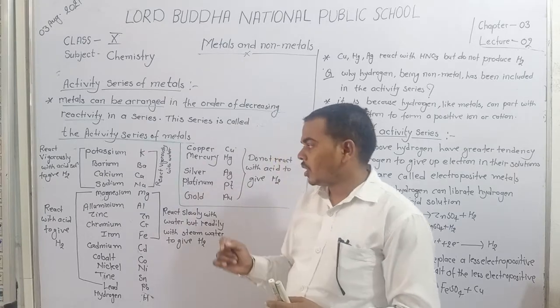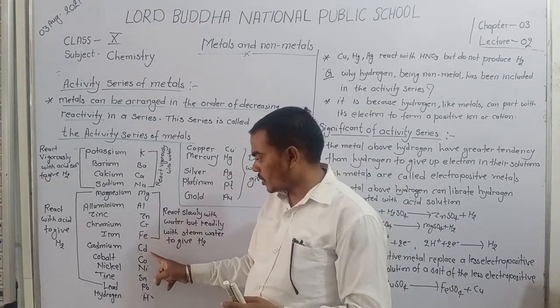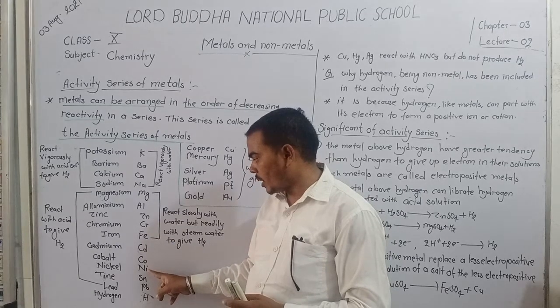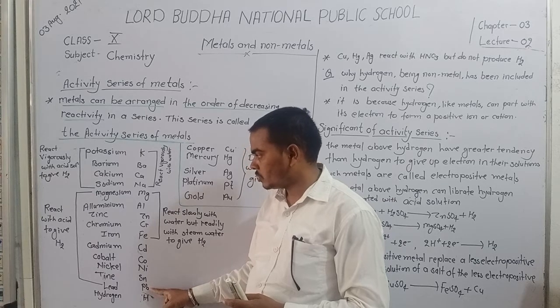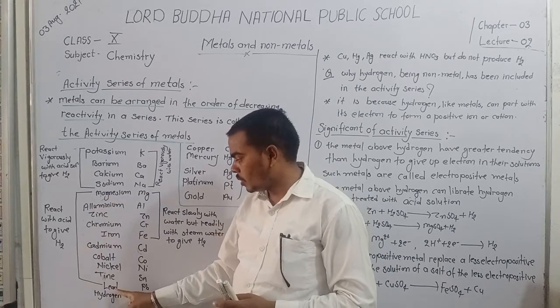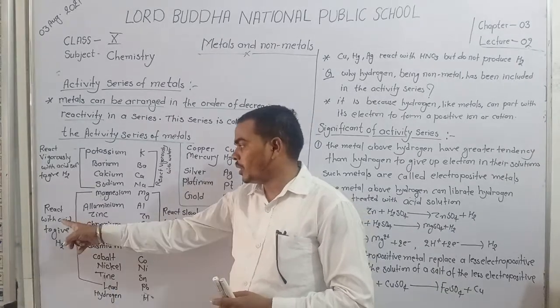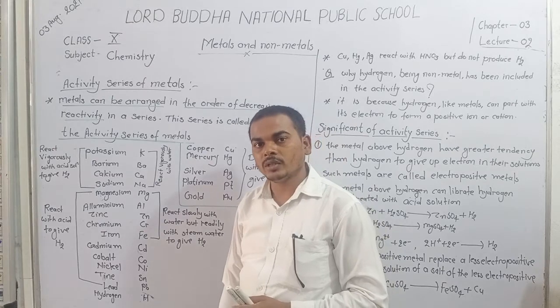Dear student, including these metals, and cadmium, cobalt, nickel, tin and lead, all these metals from magnesium to lead react with acid to give hydrogen gas, but do not react vigorously.